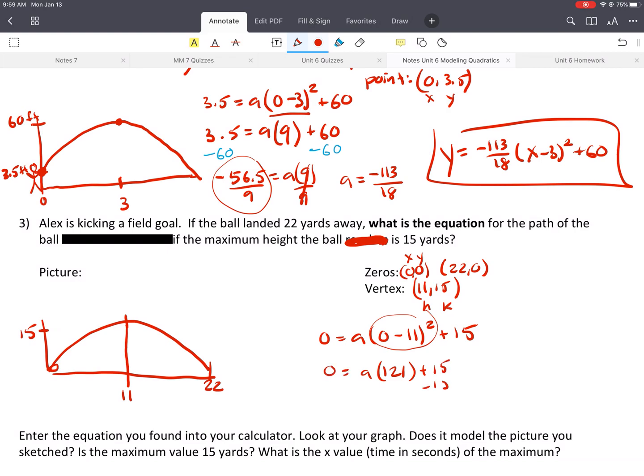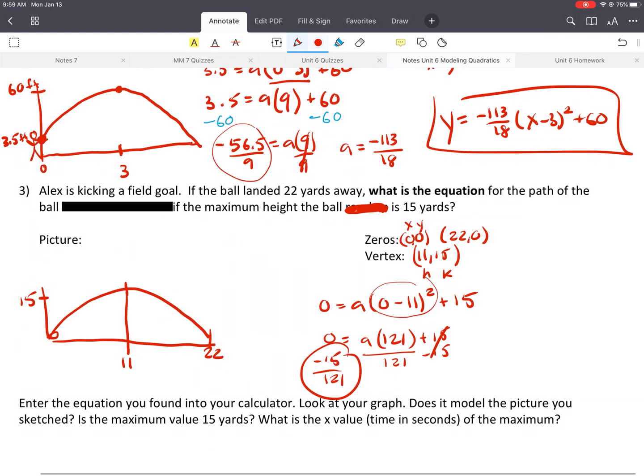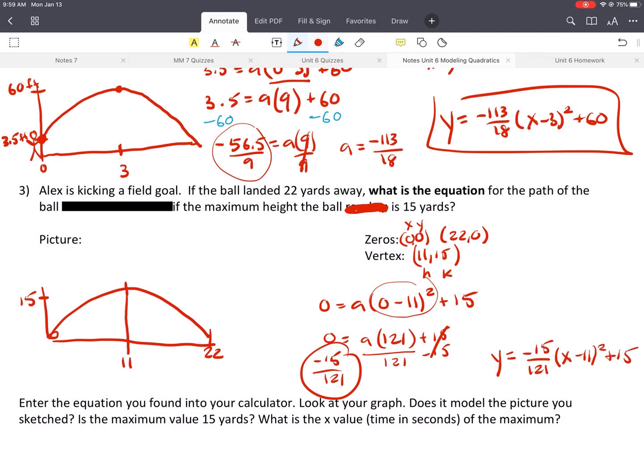I'll subtract 15 from both sides. And then we'll divide both sides by 121. Okay, so that would end up being your a value. Okay? And then we would just need to graph. So we have our a, h, and k. So y is equal to negative 15 over 121, (x minus 11) squared plus 15.